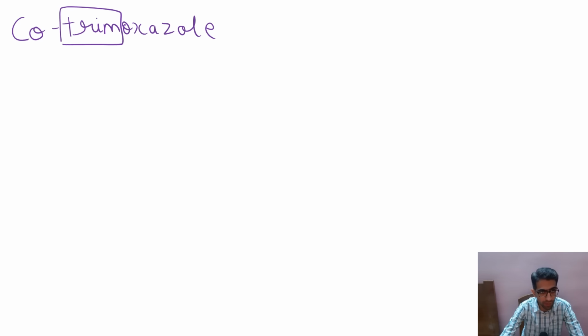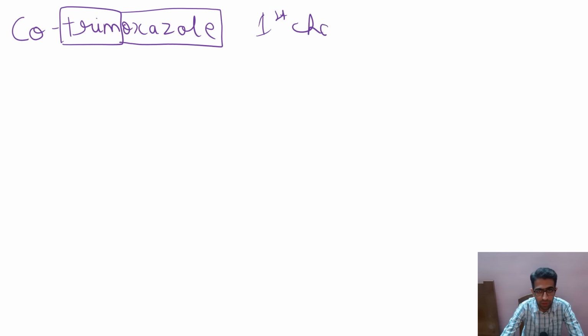So concluding the access group of antibiotics with two very important drugs. First is cotrimoxazole, which all of you know, very good, excellent. Combination of trimethoprim and sulfamethoxazole.